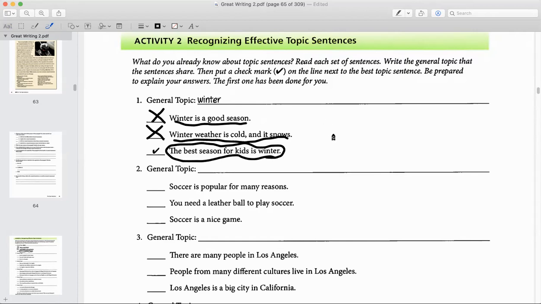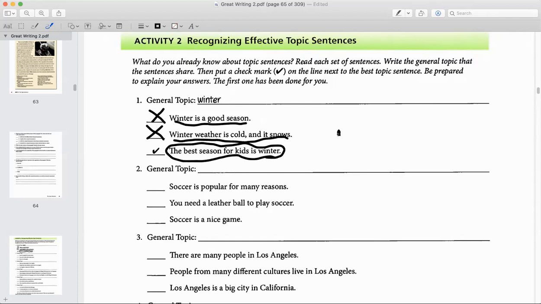Okay, that works. It's about winter, which is general, but we've got a specific idea here that it's the best season for kids. And we can imagine in the paragraph there will be some reasons why winter is the best season for kids and some examples probably with each reason.